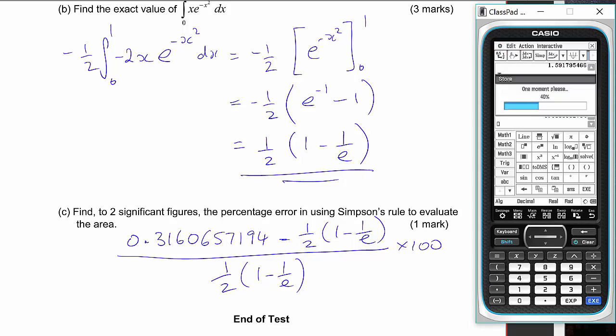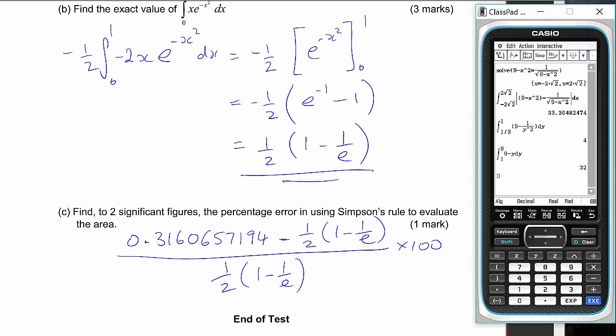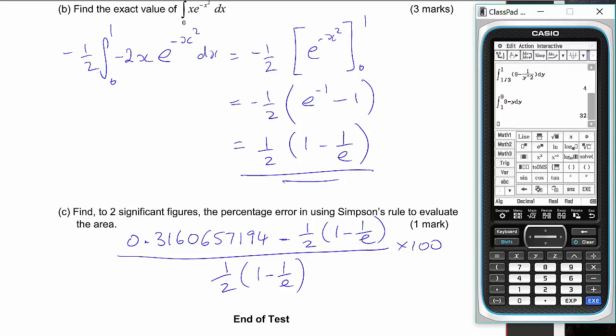and I'm going to go to main, and I'm going to get a fraction template, and then I'm going to paste that. And I'm going to take away 0.5, 1 take away 1 over e to the 1.